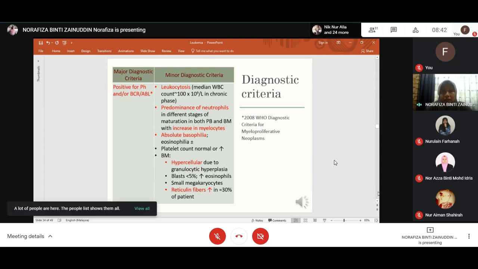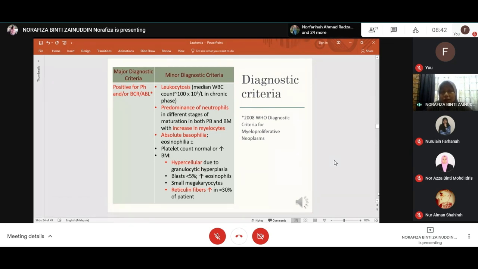Usually white blood cell count is around 100 times 10 to the power of 9 per liter. Predominance of neutrophils in both peripheral blood and also bone marrow, and also increase in myelocytes, absolute basophilia greater than 200 cells per microliter, and also platelet count, either normal or increased.